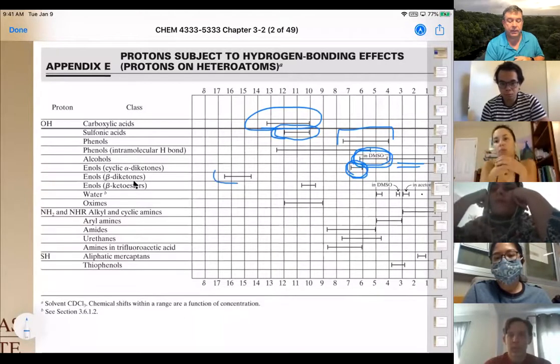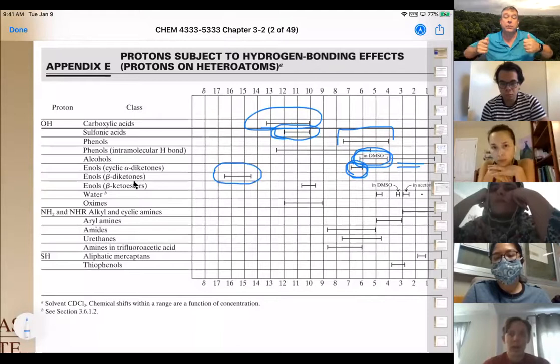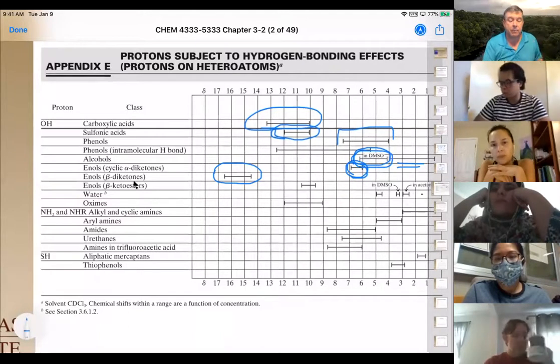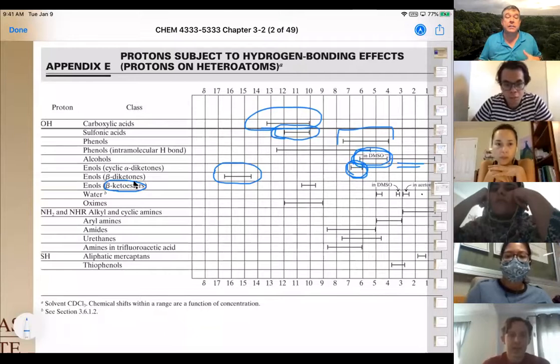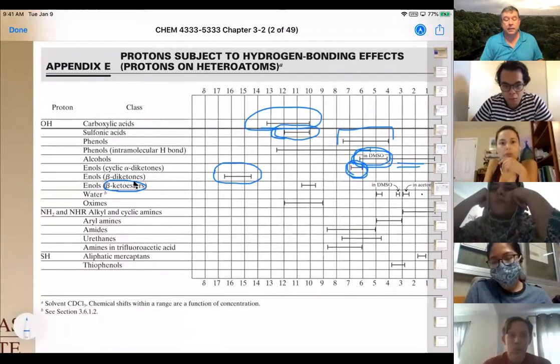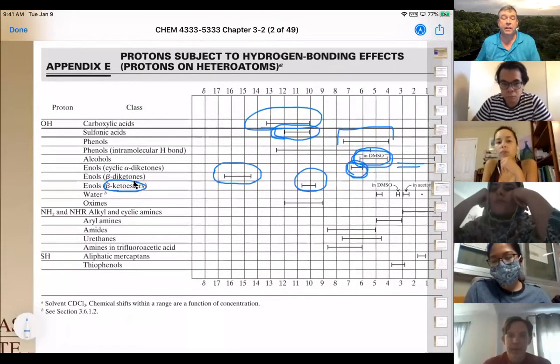However, if you have linear beta diketones, those are the most acidic of the set, and you can get them all the way up above 15, which is very unusual. And then by adding an electron donating group, so it lowers the acidity of that beta hydrogen, it makes the complex a little different, and it changes your position again.